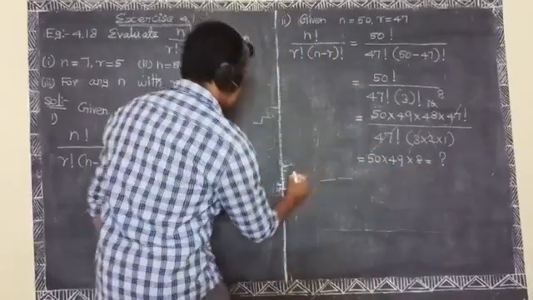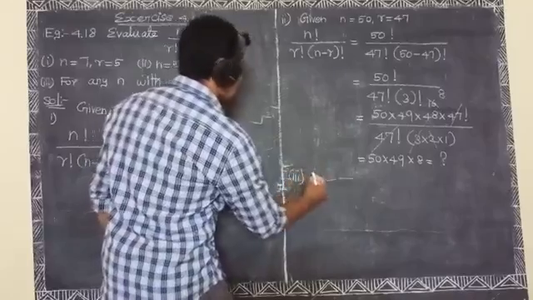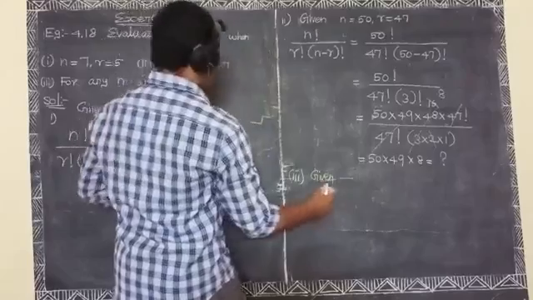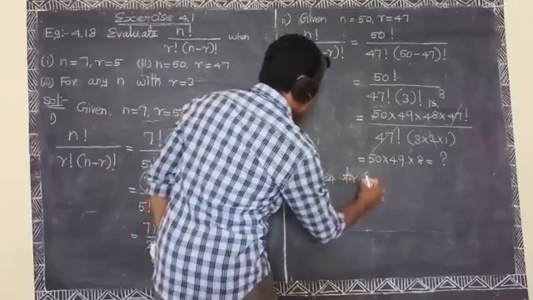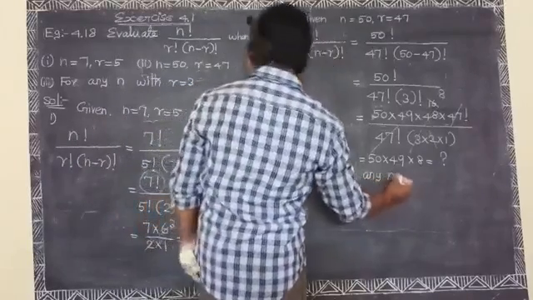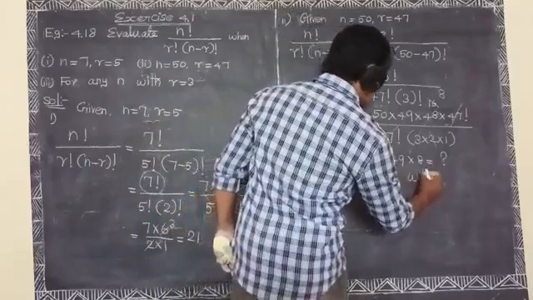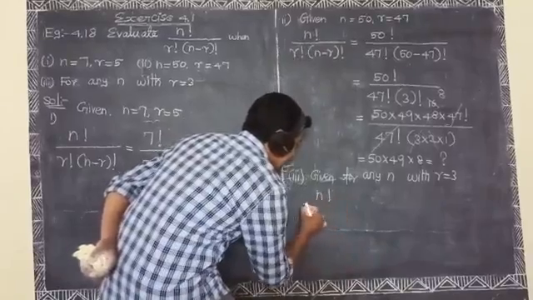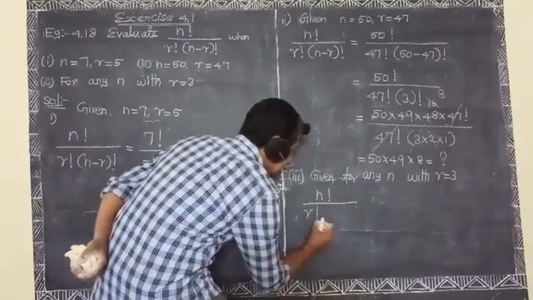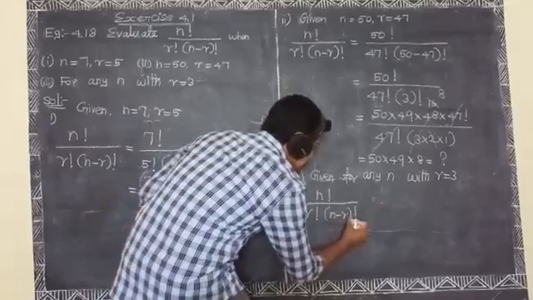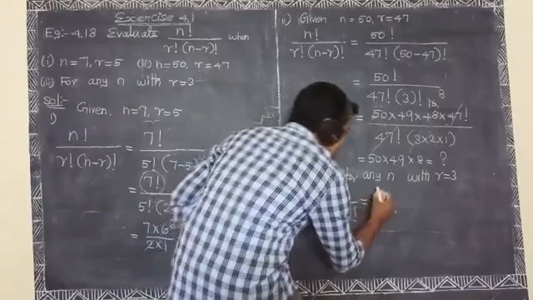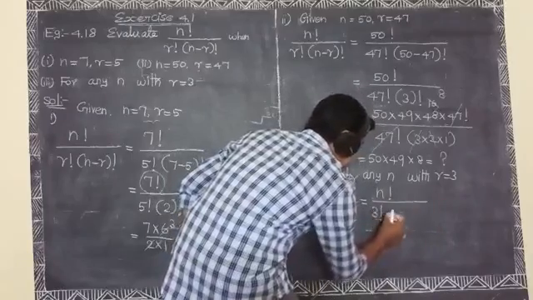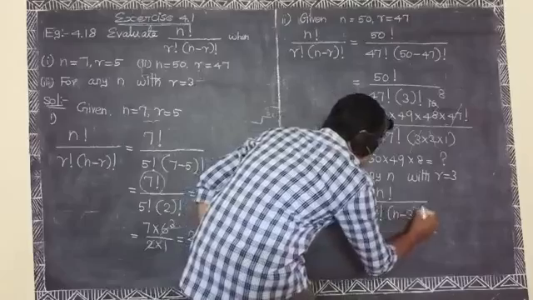Okay, then the third subdivision, given for any n with r equal to 3, here n factorial divided by r factorial into n minus r factorial. This is equal to n factorial divided by 3 factorial into n minus 3 factorial.